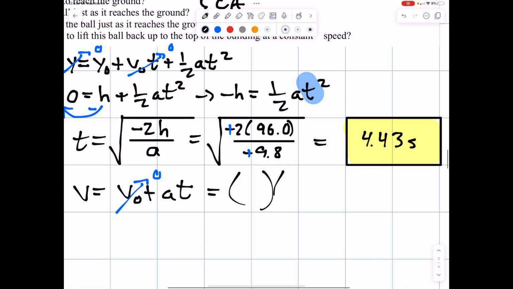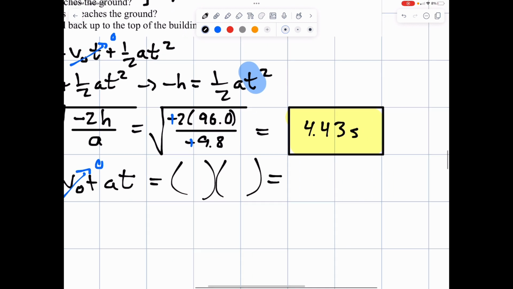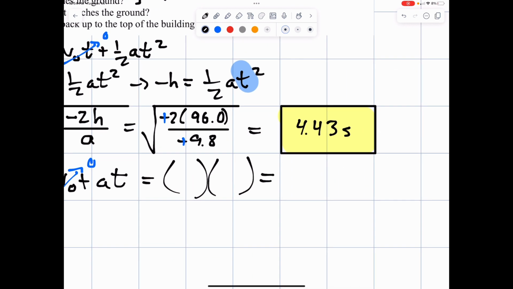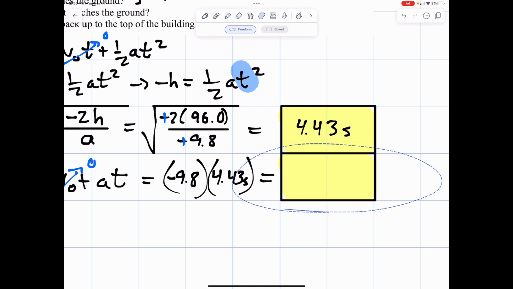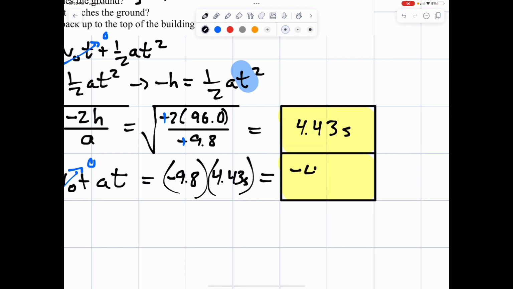And plugging in, the acceleration is due to gravity, so negative 9.8 times 4.43 seconds. I'm going to end up with a negative velocity because it's going in the downward direction, but it's going to be about negative 43.4 meters per second.